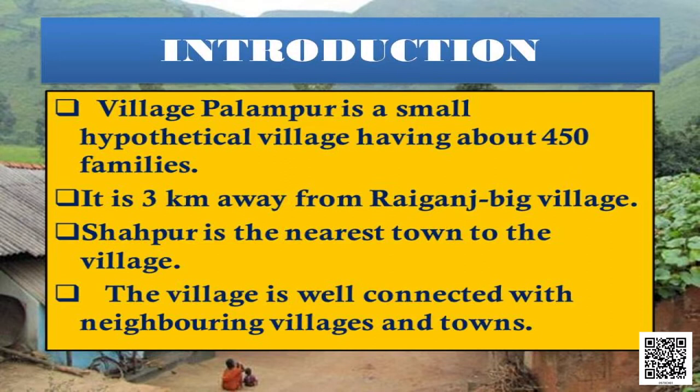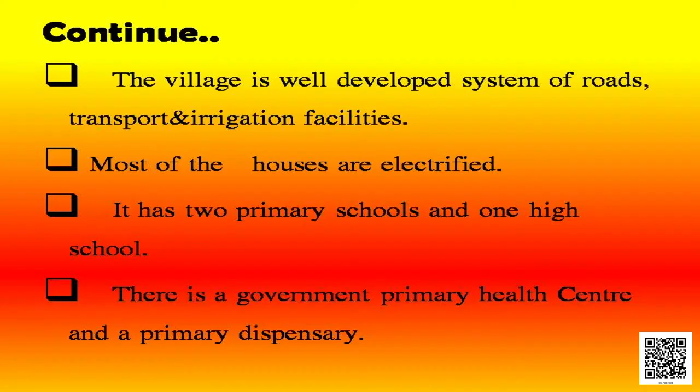Now, let's go to the next picture. See the picture and what is written. That is a constructive feature of the village. The village has a well developed system of roads, transport and irrigation facilities, and most of the houses are electrified. Got it? It has 2 primary schools and 1 high school.